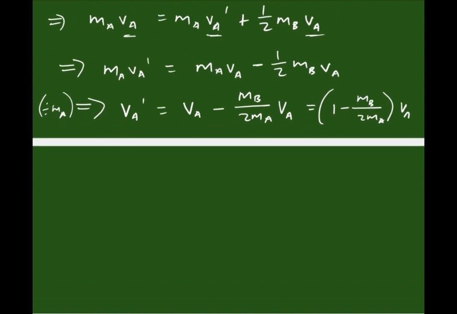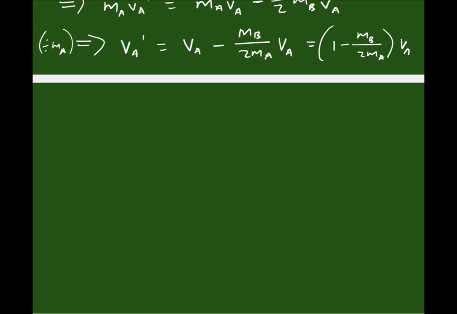And in fact, let's do one more step with that fraction there. So we'll have VA prime is equal to 1 minus some fraction. We need the common denominator, so 2MA will be the common denominator. So 2MA minus MB, all over 2MA, times VA.